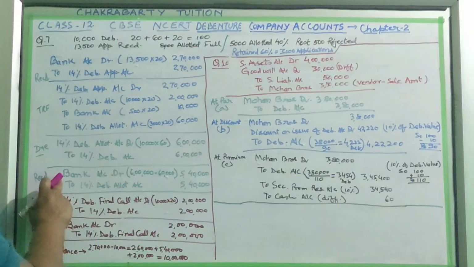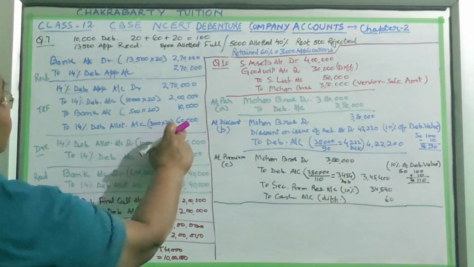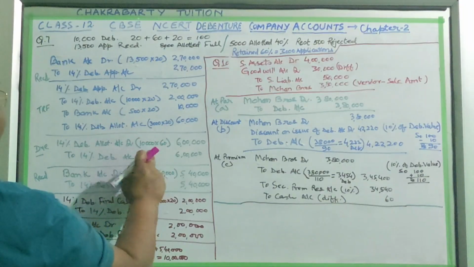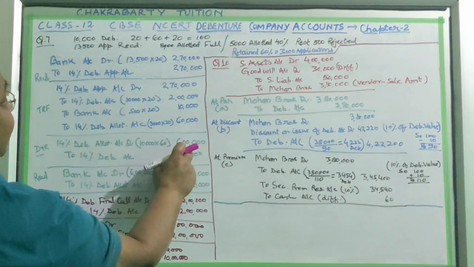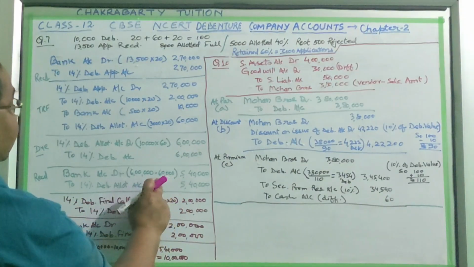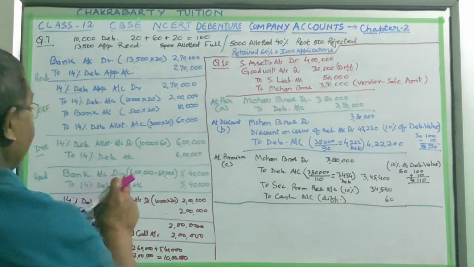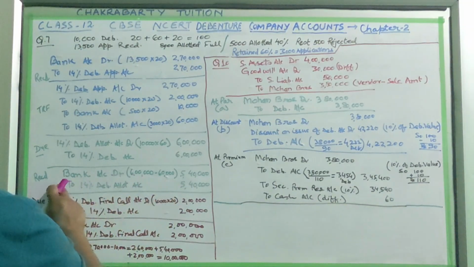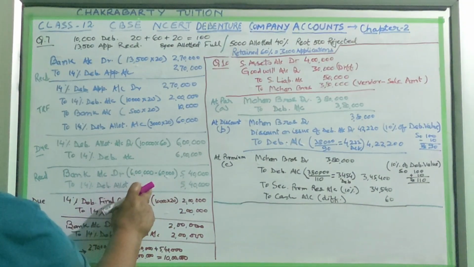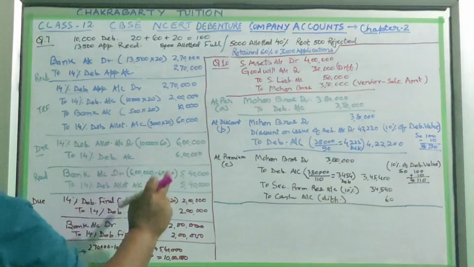You already have 60,000 retained for allotment, and allotment is due by 6 lakhs, so the difference is 5 lakhs 40,000, which you will receive. So bank account debit, 5,40,000, to 14% debenture allotment account, and the allotment account squares off because 5.4 lakhs plus 60,000 equals 6 lakhs.